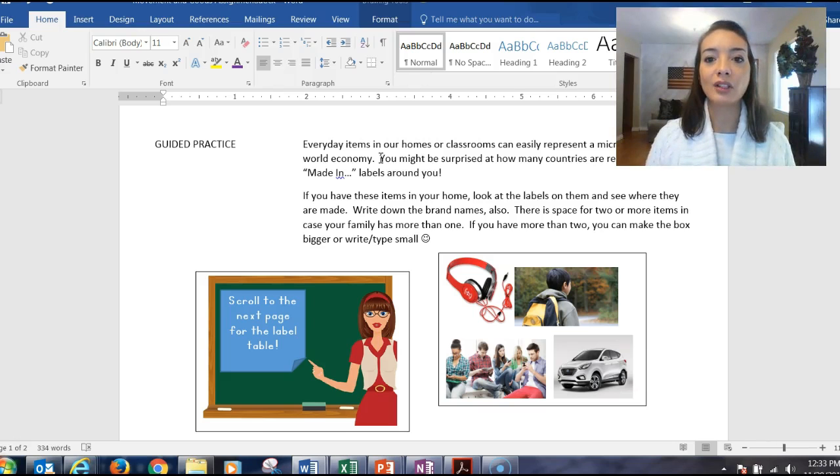If you have these items in your home, look at the labels on them and see where they are made. You're also going to write down the brand names. So there is space for 2 or more items in case your family has more than one. And if you have more than 2, you can make the box bigger or you can write or type small. Okay?